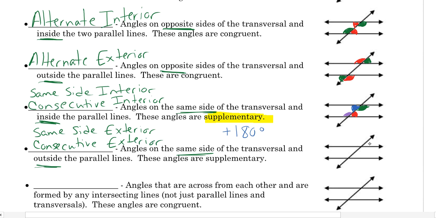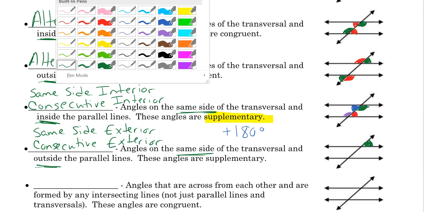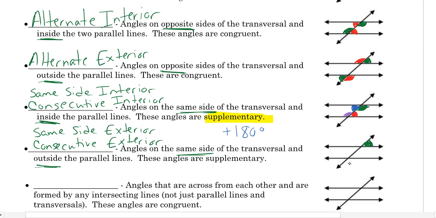All right, and that would be looking at those outside angles that are on the same side of the transversal. And again, they are not congruent, they are supplementary.